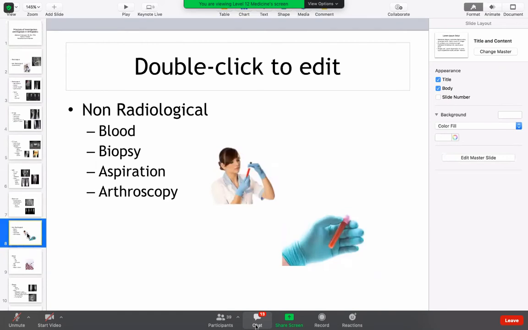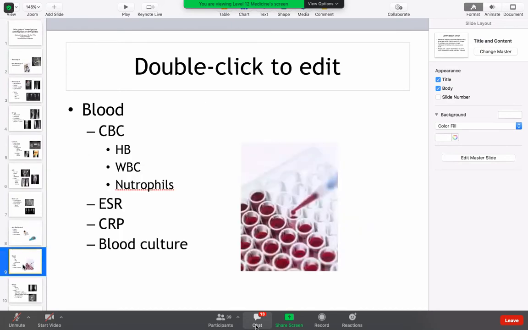Non-radiographic testing includes blood, biopsy, aspiration, and scoping. So for blood, common lab tests include CBC, checking the hemoglobin level, and WBCs. The WBCs are very important to diagnose infection, and also to see the percentage of neutrophils.